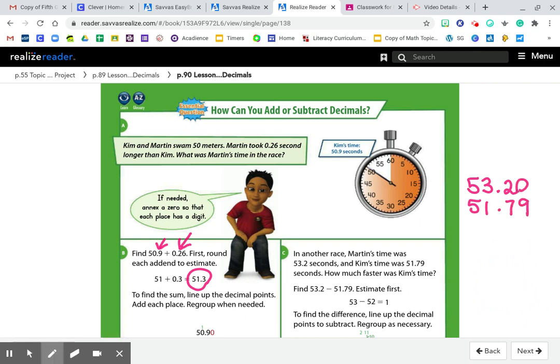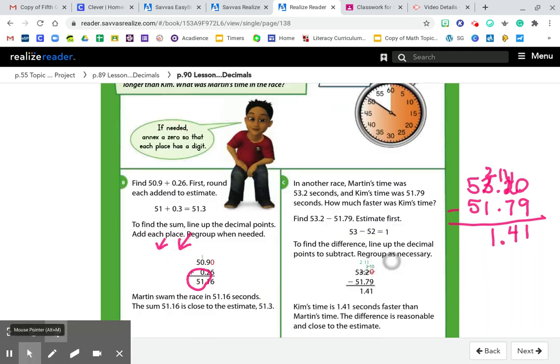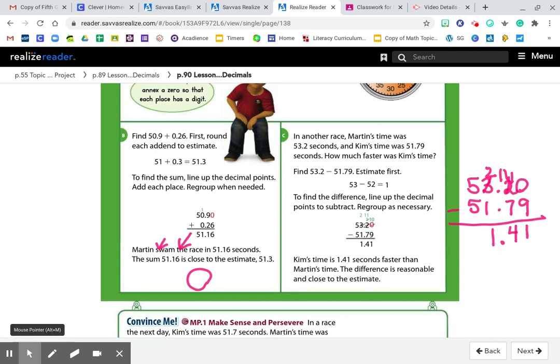I'm going to annex my zero, and now I can subtract. That looks a little bit better. And I had to borrow. I'm going to have to borrow again, regroup. Here we go. So 1.41.